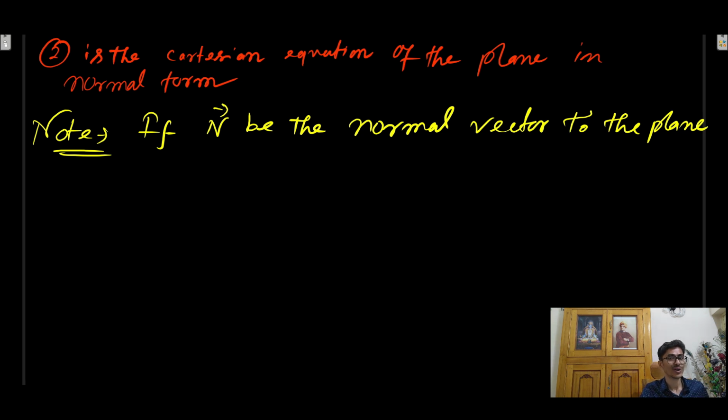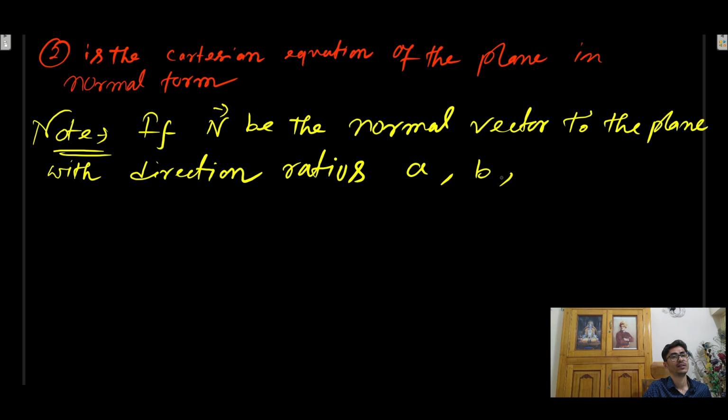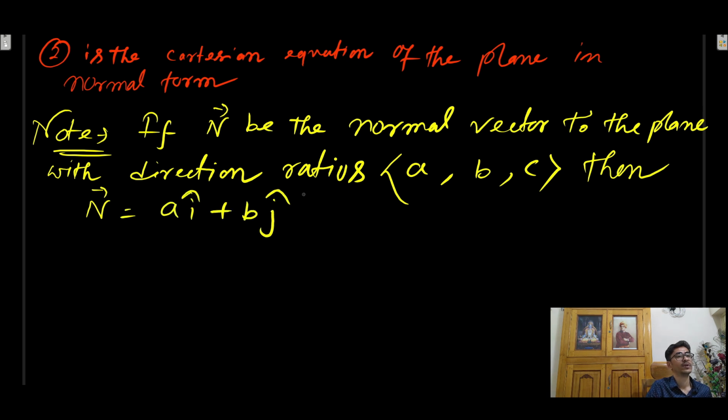So here the components are the direction ratios we are considering. If n vector is the normal vector to the plane with direction ratios a, b, c, then n vector equals a i cap plus b j cap plus c k cap.